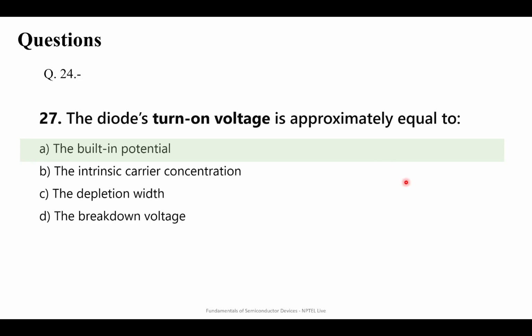The diode's turn on voltage is approximately equal to: A, the built-in potential; B, the intrinsic carrier concentration; C, the depletion width; D, the breakdown voltage.